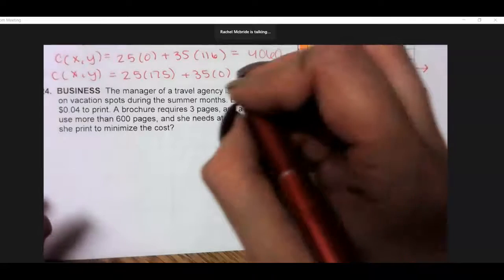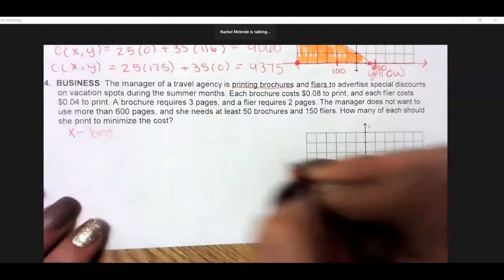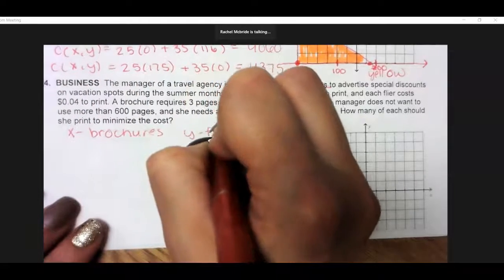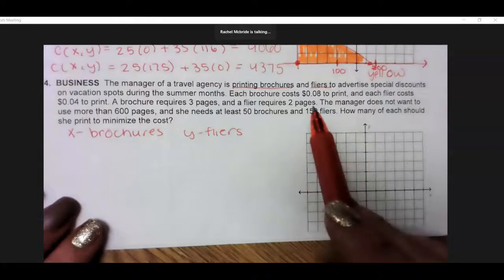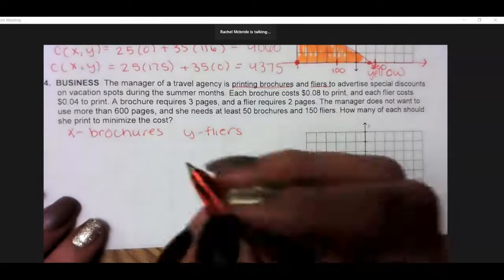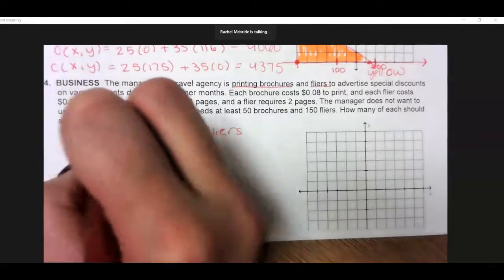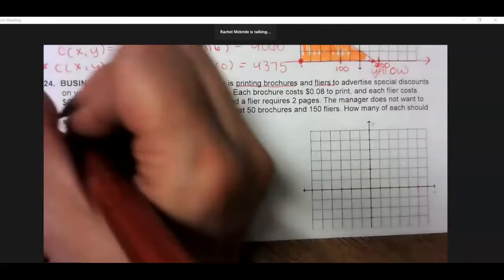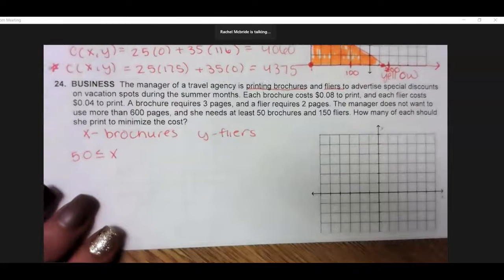So the easiest thing is to understand your variables. We'll say x is brochures and y is flyers. We know we need at least 50 brochures. So x has to obviously be greater than or equal to 0, but in the case of this problem, it has to be greater than or equal to 50.